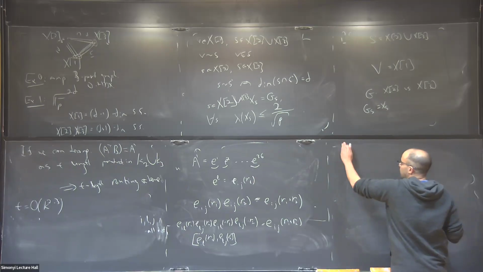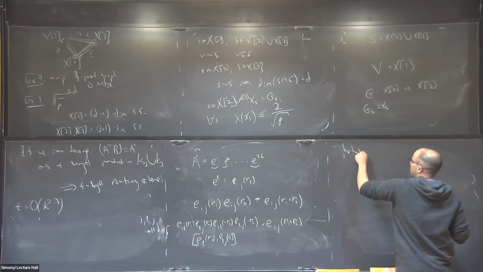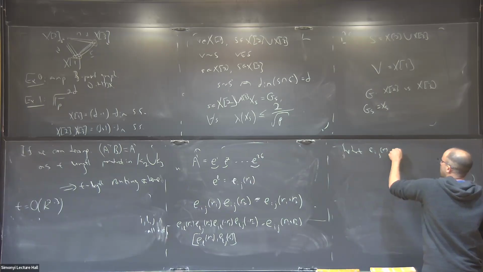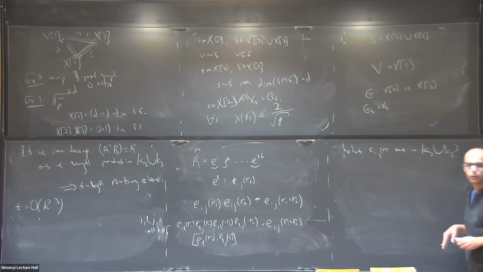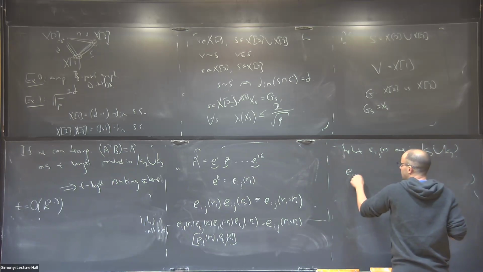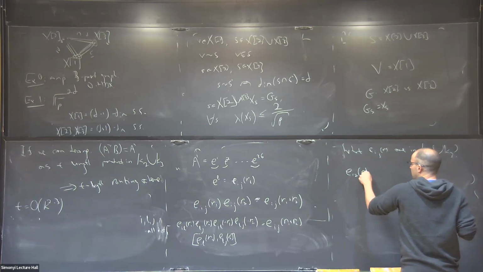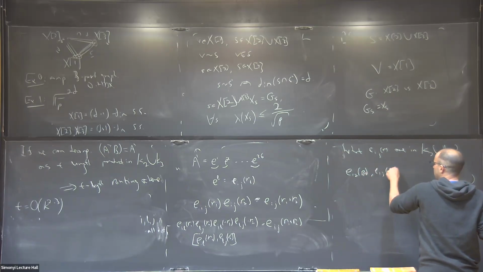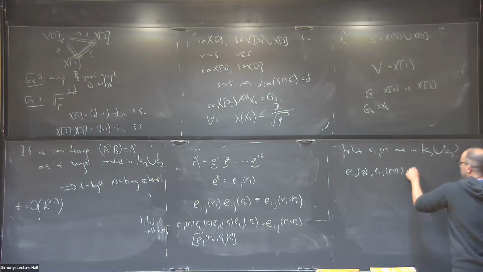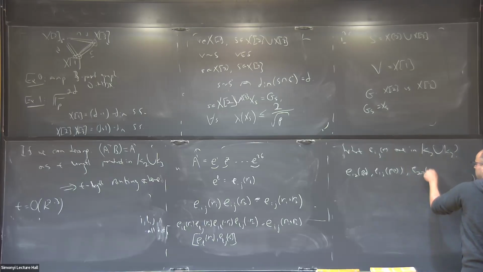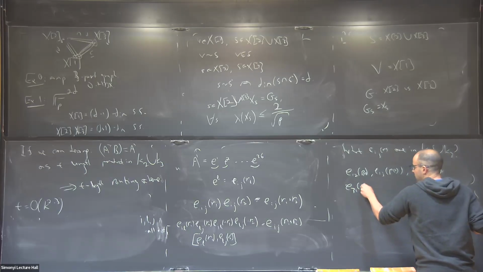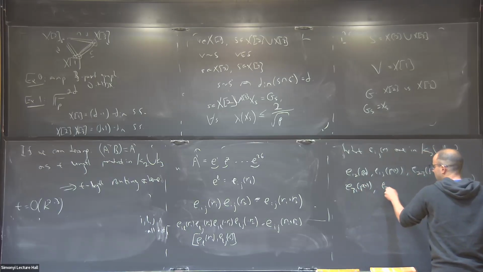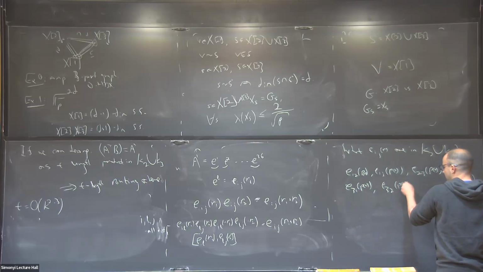And the final thing: the E_IJ are in K2 and K3. Here you'll have to believe me. So I have E12(PX), E13(PX), E23(PX), E31(PX), and E32(PX).